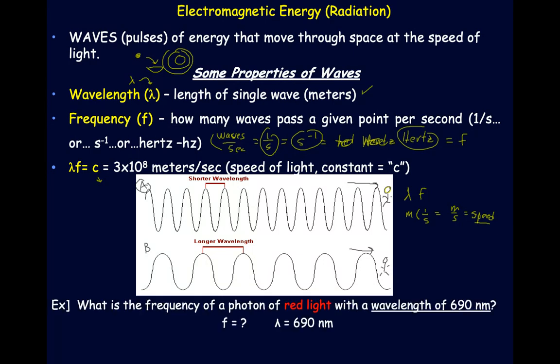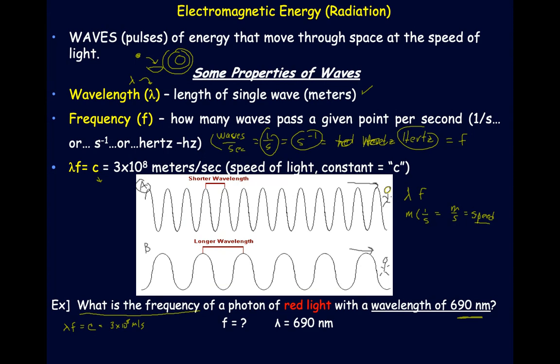So if we had to do an example, let's just say we know the wavelength of light in nanometers, and it's red light. Can we find the frequency? So I know that lambda times f is the speed of light, and I know c is 3 times 10 to the 8th meters per second.